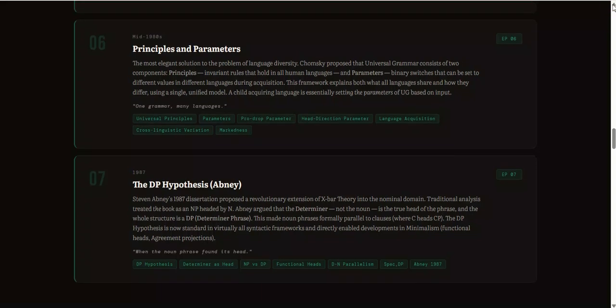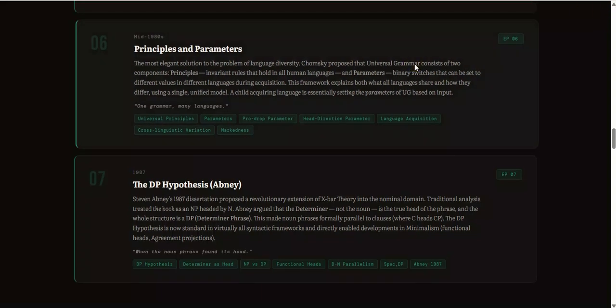Principles and parameters, that is episode number 6. In the mid-1980s, the most elegant solution to the problem of language diversity, Chomsky proposed that universal grammar consists of two components: principles that are common in all human languages and parameters that are the variants that are different in different languages.